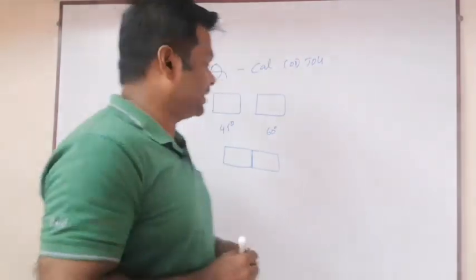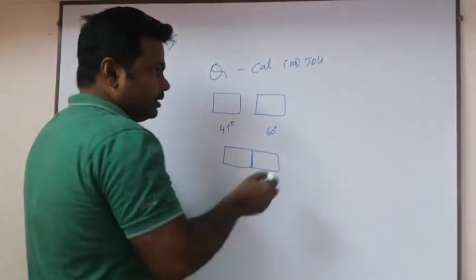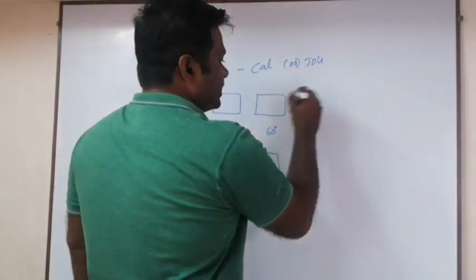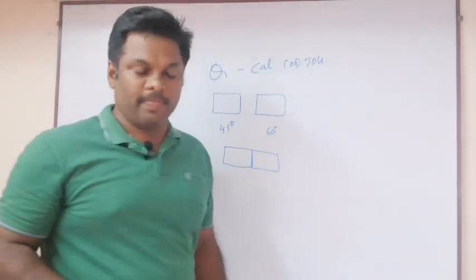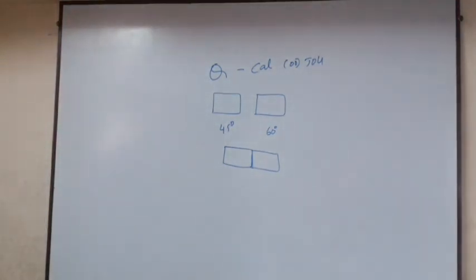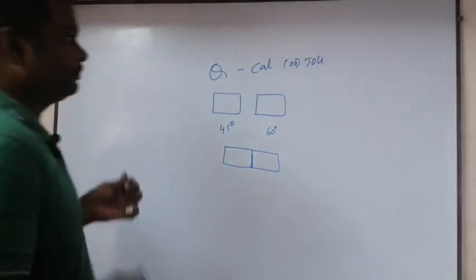And one more thing we discussed already, that is the degree centigrade scale and the Kelvin scale. We can measure temperature in two scales: one is degree centigrade, another one is the Kelvin scale.